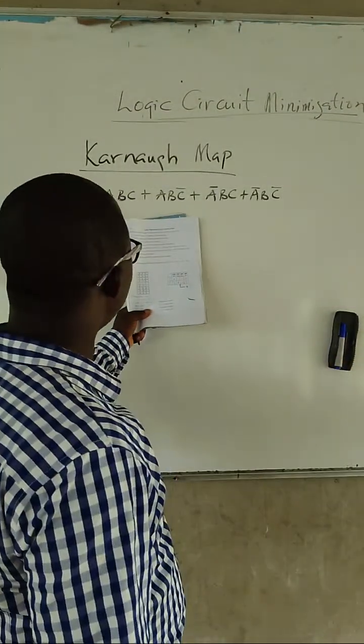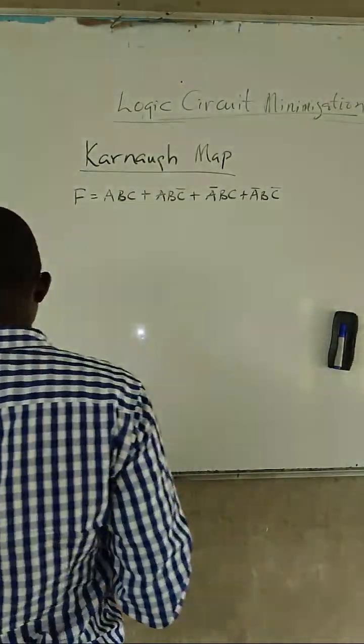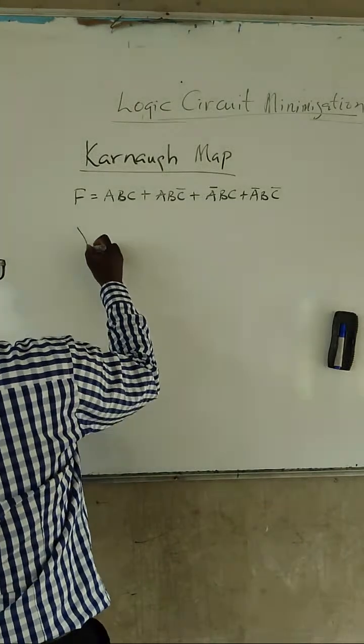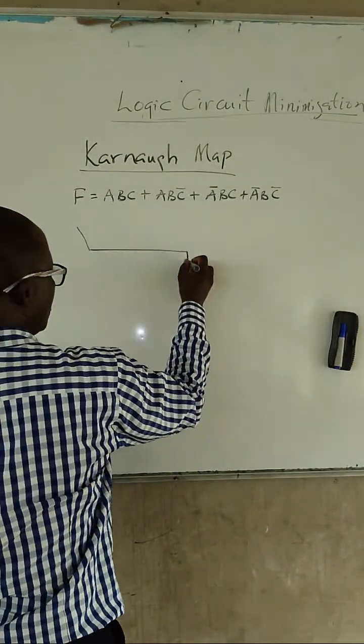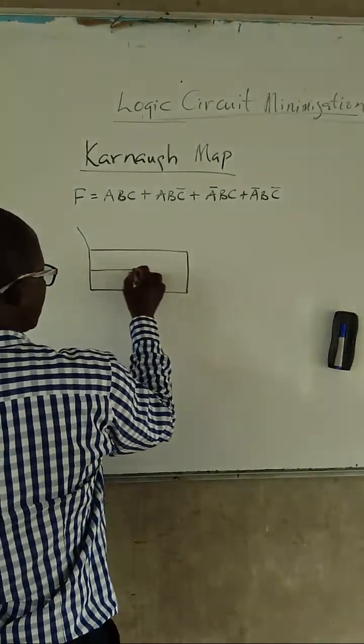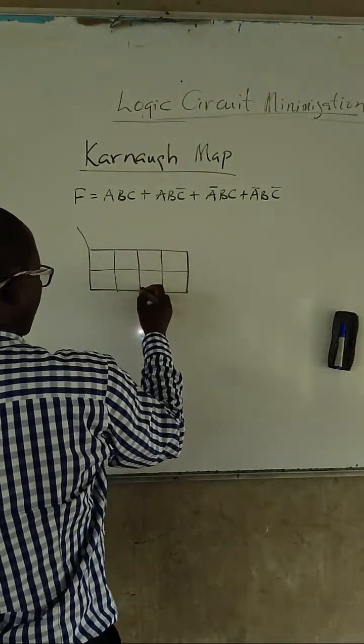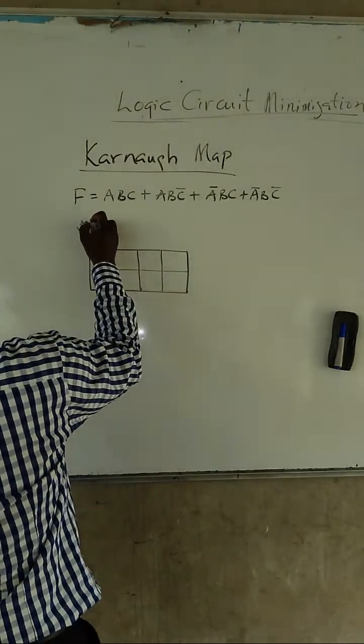Now we want to do combinational circuits, A, B, and C. So we're going to have four cells in 2 rows. That is 4 columns like this. And here is AB.